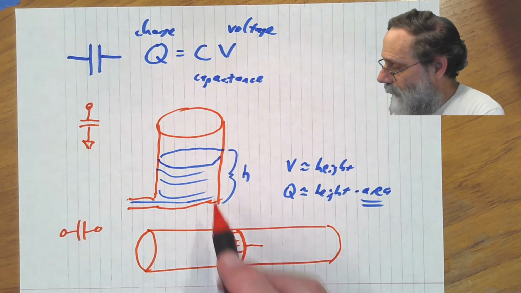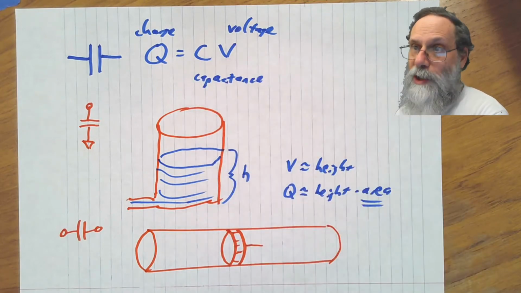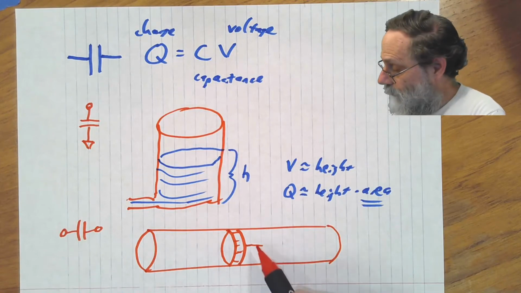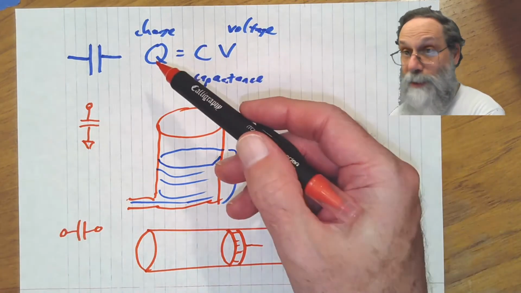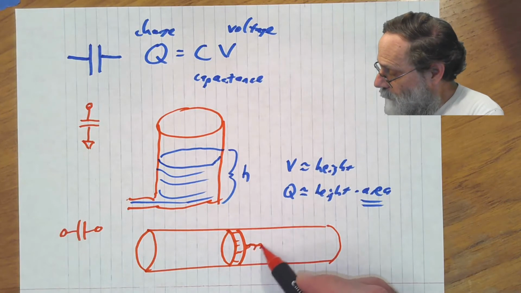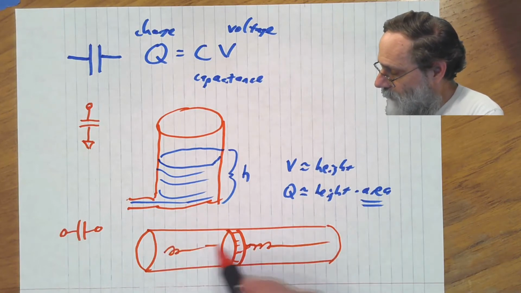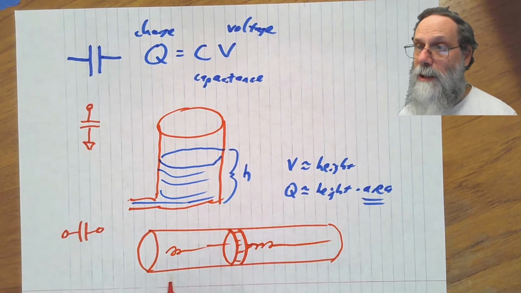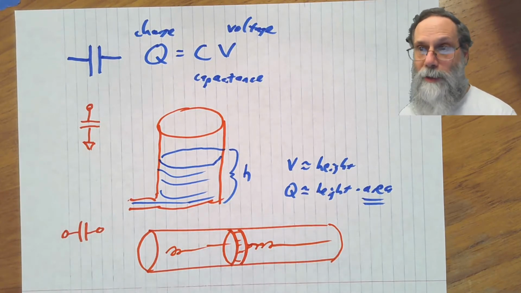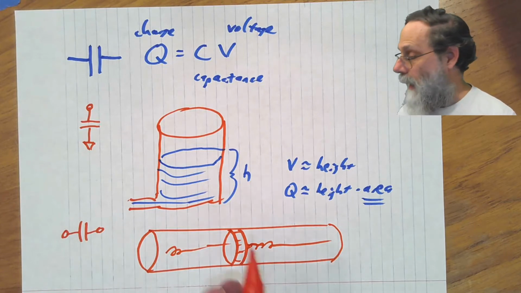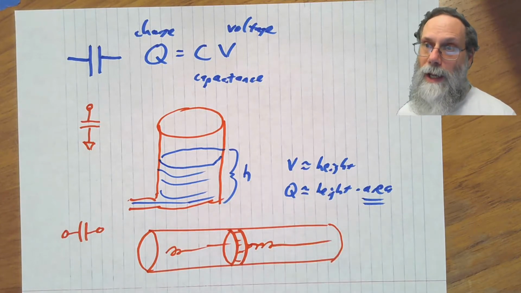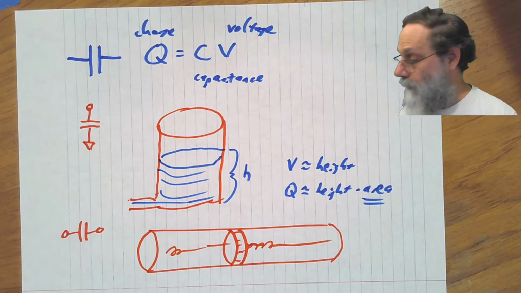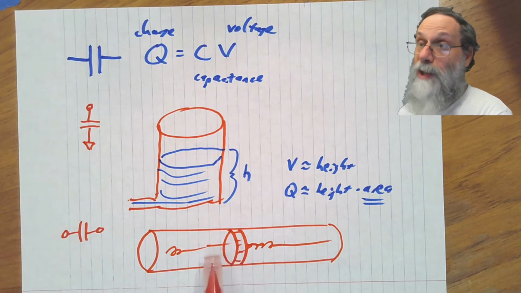Now, to get the effect of this pressure relationship to volume, or voltage relationship to charge, we're going to put some springs on this piston so that the more you displace it from its rest position, the more force you have on the springs. A nice linear relationship between how much you displace the piston and how much force is on the spring. Well, that force on the spring gets converted into how much pressure is there on this piston.